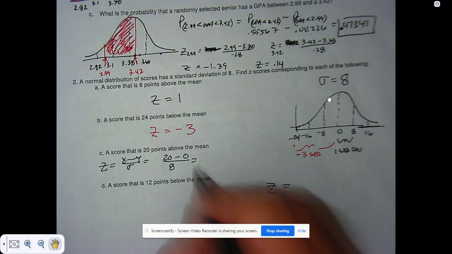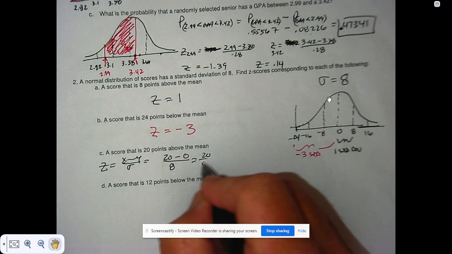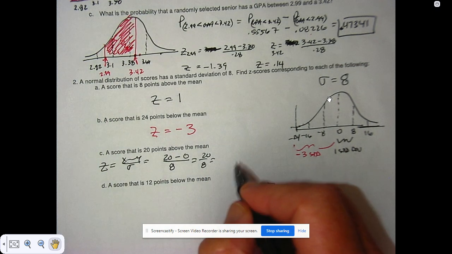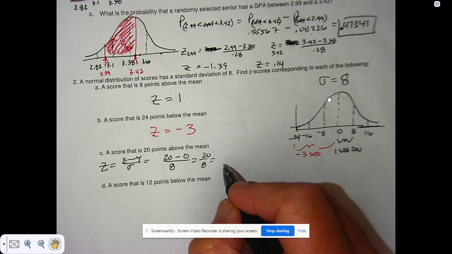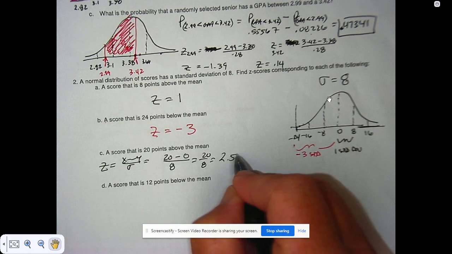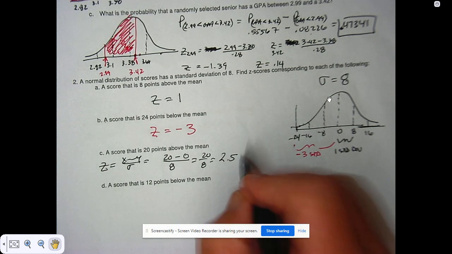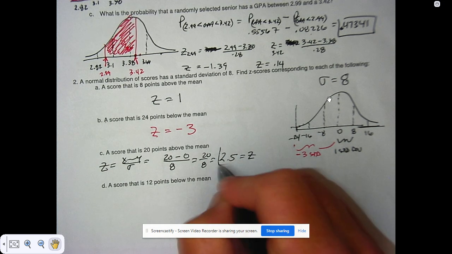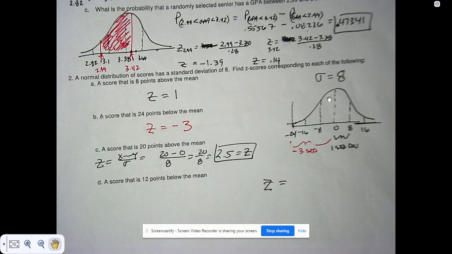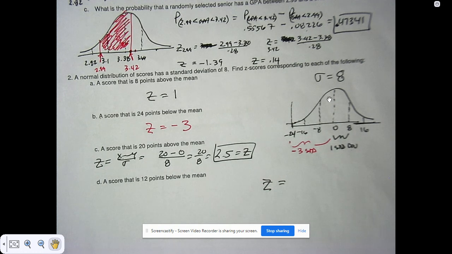So 20 minus 0 is 20 over 8. And then we reduce that, 10 fourths, 5 halves, that's 2.5. The z-score is 2.5. Okay? Z is 2.5 standard deviations above the mean.